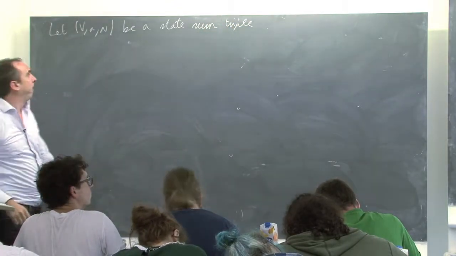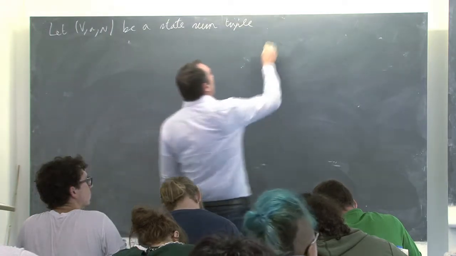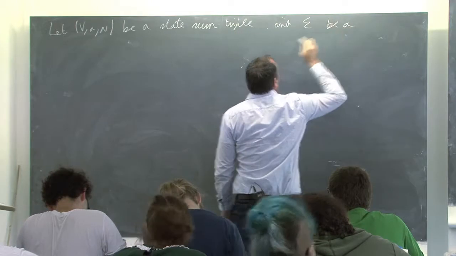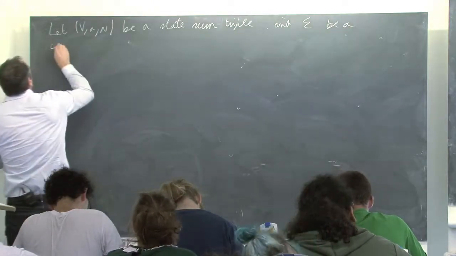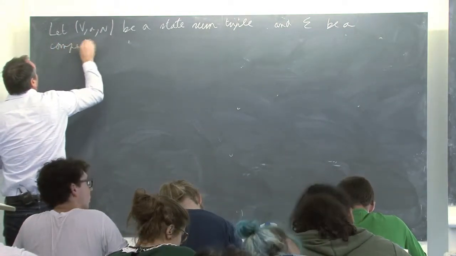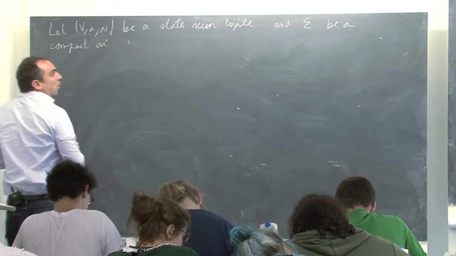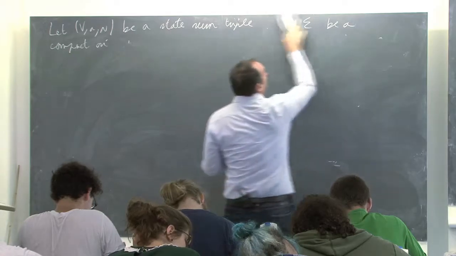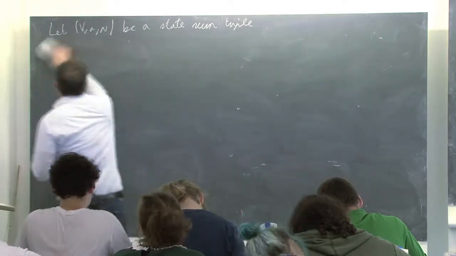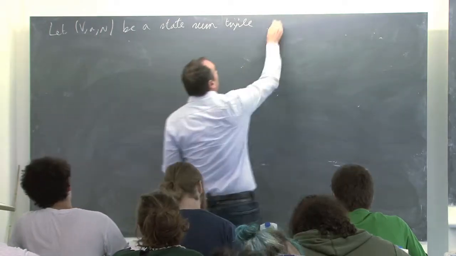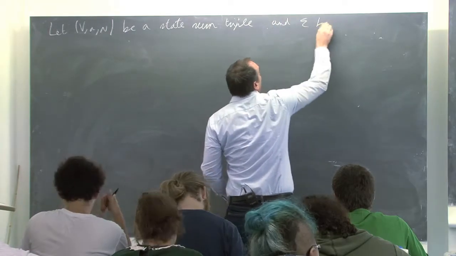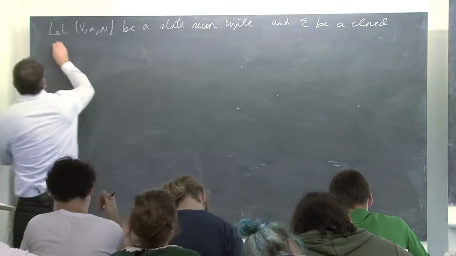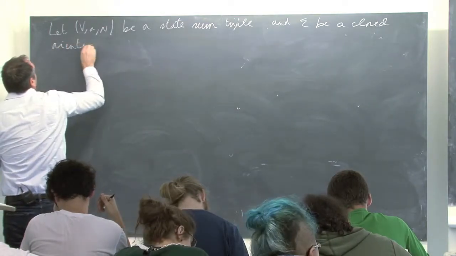And we want to consider a compact oriented surface. Okay. So first, maybe I consider just a closed one. Let Σ be a closed oriented surface.